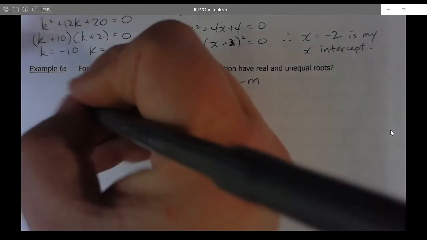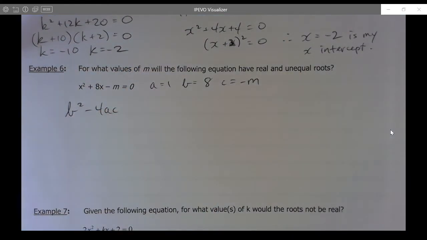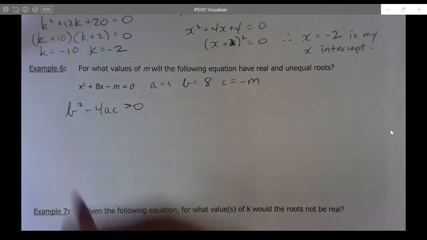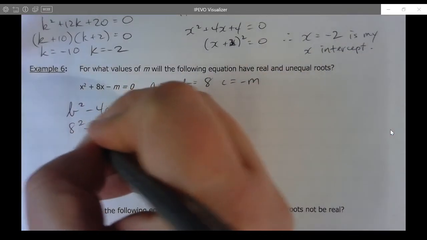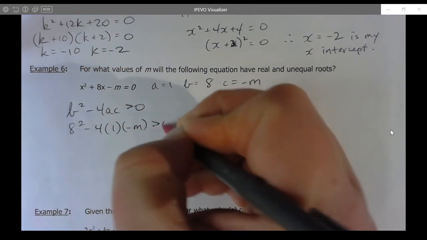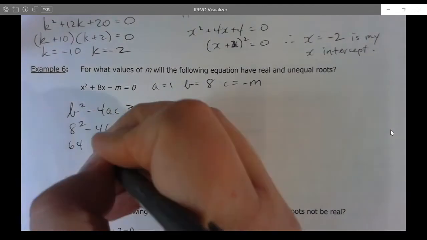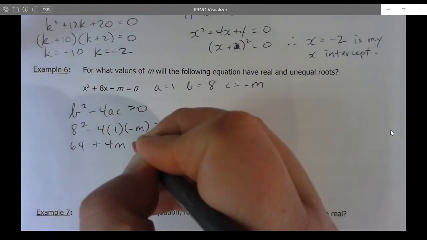So b squared minus 4ac, to have real but unequal roots, has to be greater than 0, and can't be a perfect square. So b squared, that'd be 8 squared minus 4 times 1 times negative m, has to be greater than 0. So that's going to be 64 plus 4m has to be greater than 0.